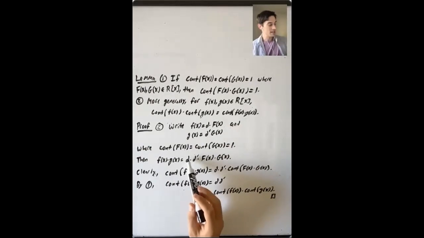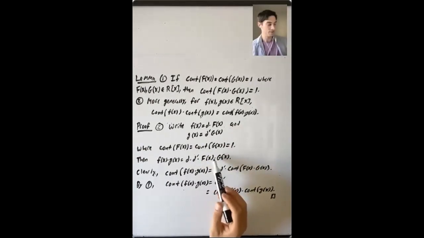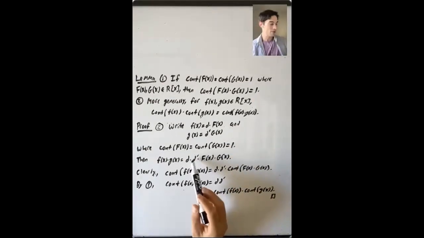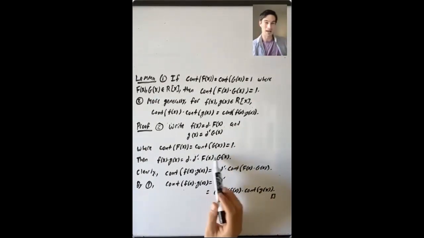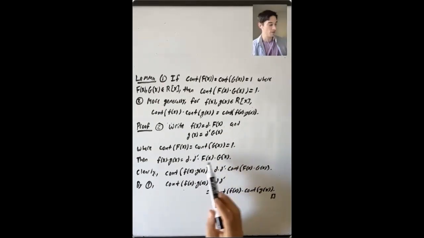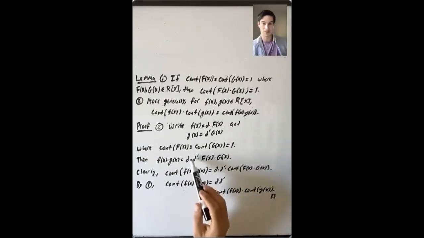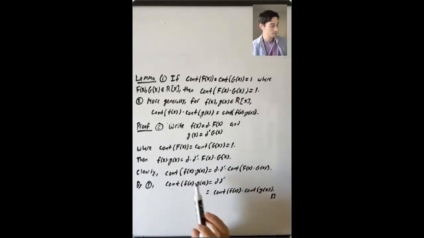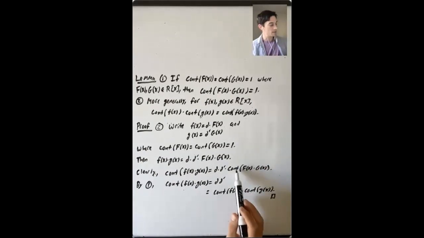That is d times d prime times the content of this polynomial, capital F times capital G, because how do you multiply a scalar by a polynomial? You just multiply every coefficient of that polynomial by that element in your ring. So d times d prime divides every coefficient of this polynomial on the right-hand side. So we see that the content of little f times little g is d d prime times the content of capital F times capital G.